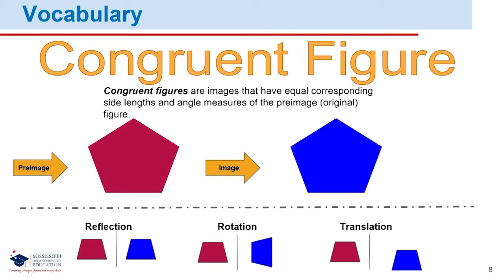And if I, again, move it directly over this pentagon, it covers it completely. Okay? Remember, congruent means same angles, same side lengths, same shape.